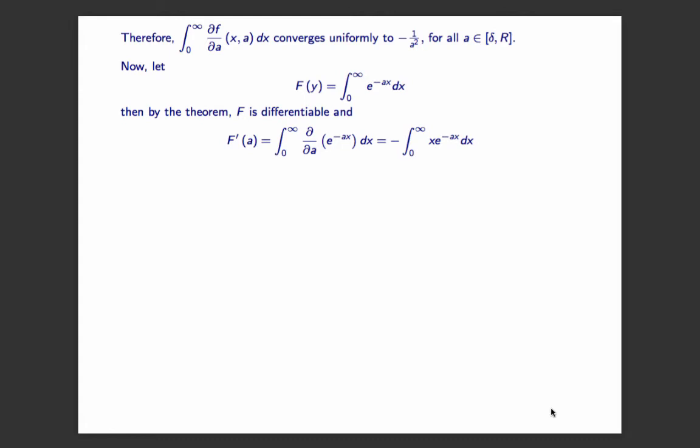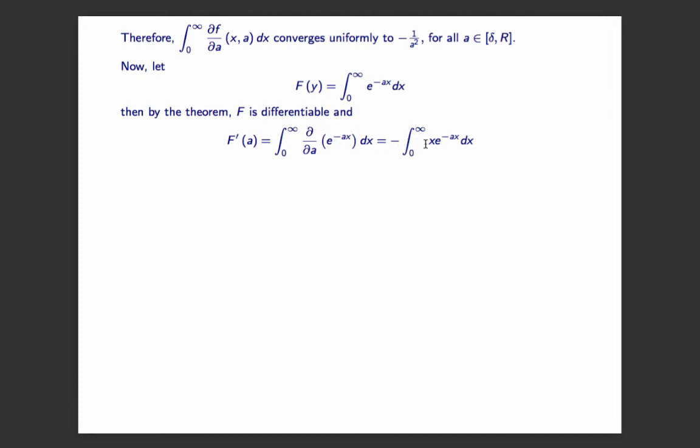The derivative of f, right, I'm sorry, that's a typo. This right here should say a. f of a equals. So my apologies. That's f of a. So my derivative with respect to a is equal to the integral of the partial derivative with respect to a. I can pass my derivative underneath the integral because I've satisfied the conditions of the theorem.